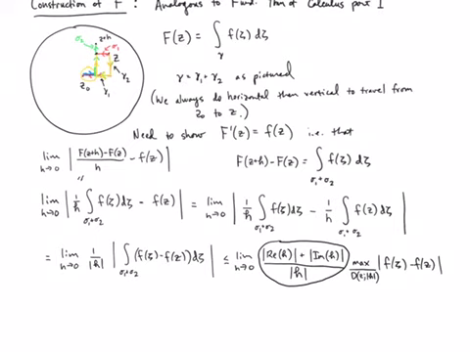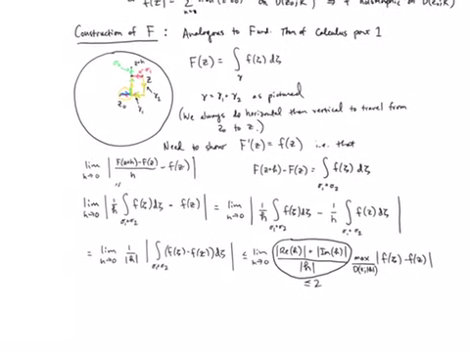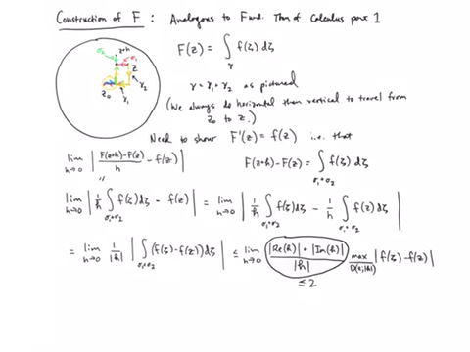So this is bounded by 2, a constant. And then this maximum, as h goes to 0, zeta is getting close to z. But f is continuous, we're assuming that. So this maximum has to be going to 0. So this equals 0 because f is continuous.